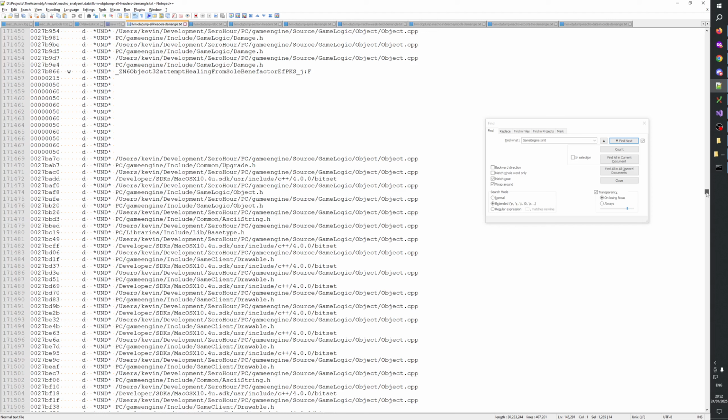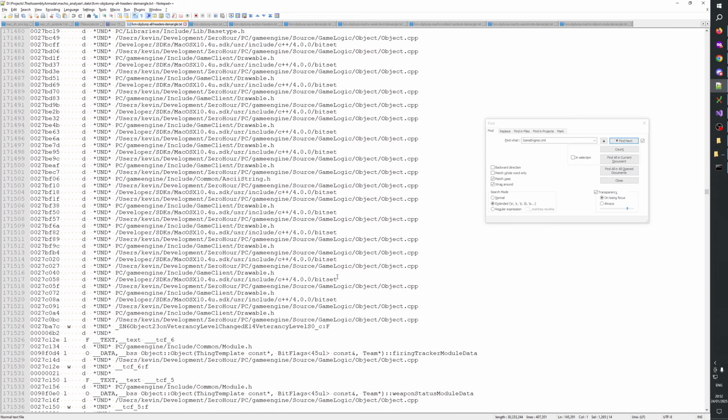Okay, but I now understand how we build the relationships between files, include files in the CPPs, and where this function belongs. So this is pretty good. This is really, really good. Yeah, fantastic. This is fantastic.